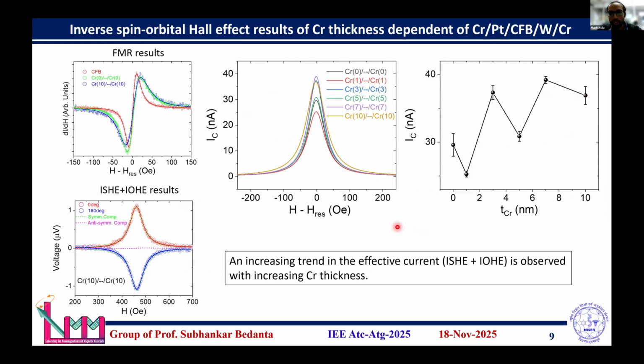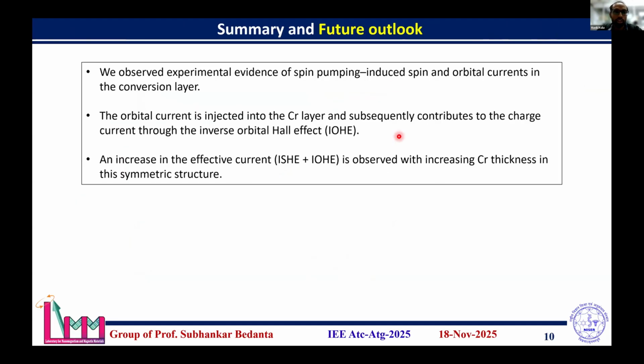That clearly shows that the chromium layer introduces the orbital current in this structure. So in summary, we observe experimental evidence of spin pumping induced spin and orbital current in the conversion layer, and the orbital current is converted into spin current, and subsequently it contributes to the charge current through the inverse spin Hall effect, inverse orbital Hall effect.